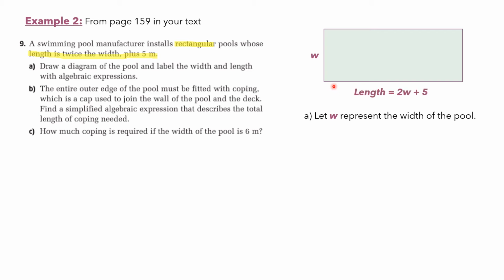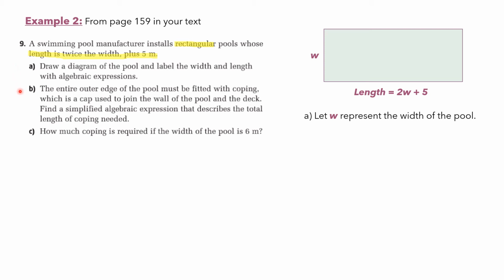Length equals 2W plus 5. That is the length of the pool. So I'm not going to actually use this word length or an L. I'm going to use this expression right here. 2W plus 5, this is what I'm using for length. This is what I'm using for width. So that's part A. Draw a diagram of the pool and label.